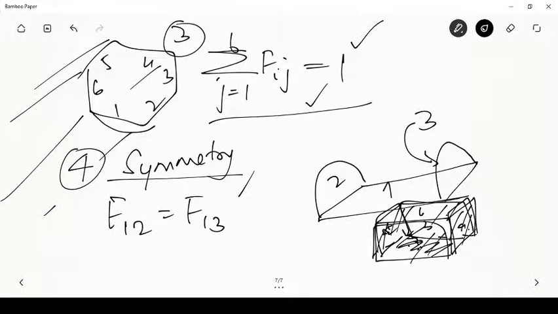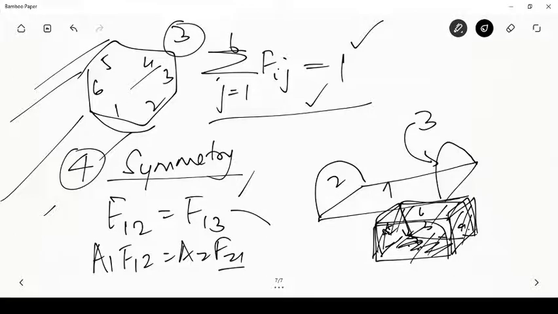Okay, so this is another thing. And if I use reciprocity on this, A1 F12 is equal to A2 F21, and similarly A1 F13 equal to A3 F31. If A2 and A3 are equal, I should also be able to say F21 and F31 will be equal. So that's another thing that you'll get.